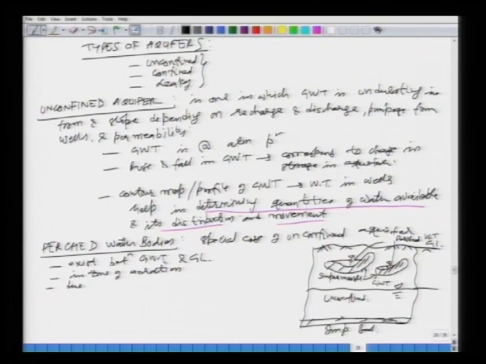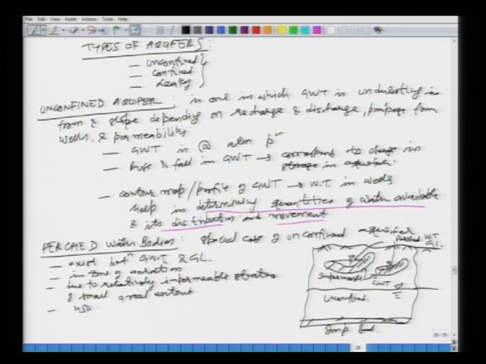How is it occurring? Due to relatively impermeable strata of small aerial extent. So, it is very small. You see that some water may be available here, but it will not be much.